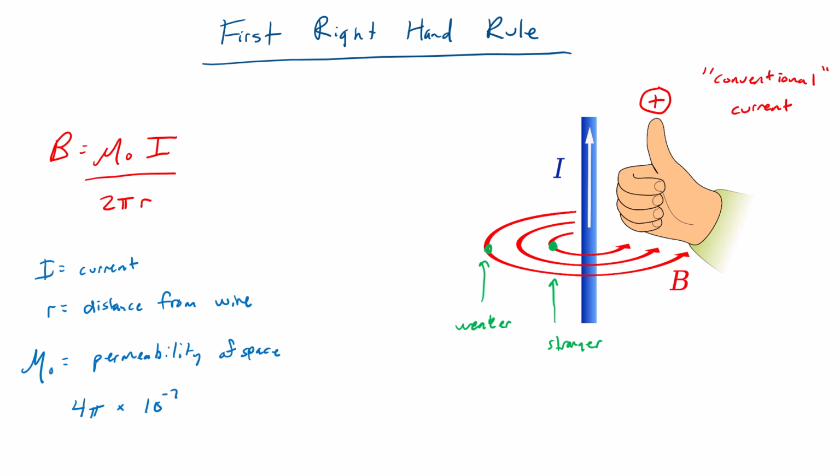And the unit on it, if we look at our equation, is the Tesla times meters over amps. So that constant has amps in the bottom because current is on the top of our equation, and meters on the top because the r is in the bottom of our equation, and then the Tesla is in there to make sure that works out because that's what we're measuring our B field in. And when I say B field, I just mean the magnetic field.